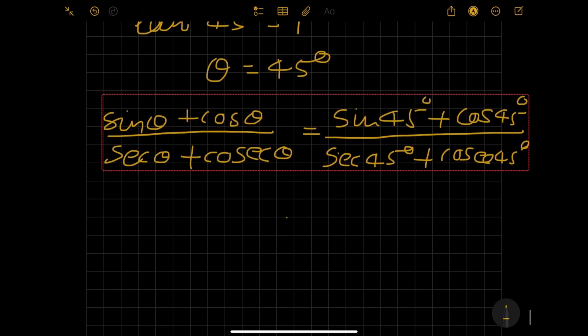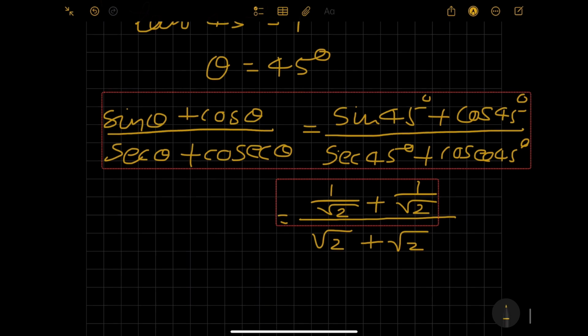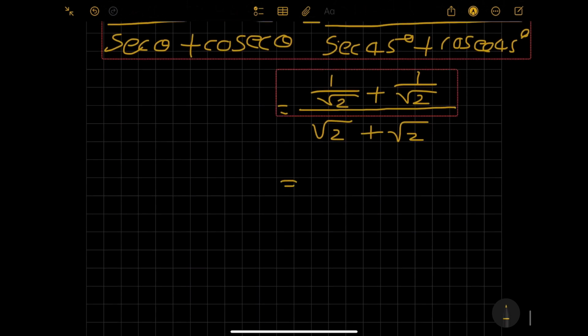Now we have the value of sin 45 degrees, which is 1 by root 2, and cos 45 is again 1 by root 2, whole divided by sec 45, which is root 2, right? And then cosec 45, which is again root 2. Now we'll simplify after putting in all the values.